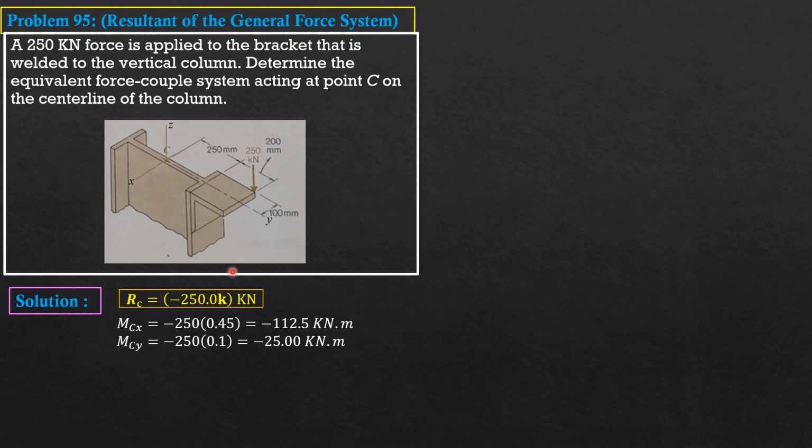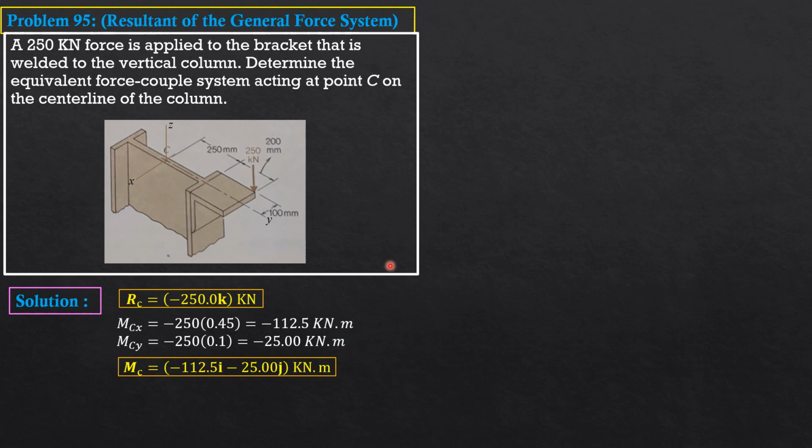So the complete answer for the equivalent force-couple system: R sub C is negative 250.0 k kilonewtons and M sub C, the resultant couple at C, is quantity negative 112.5 i minus 25.0 j kilonewton meter.